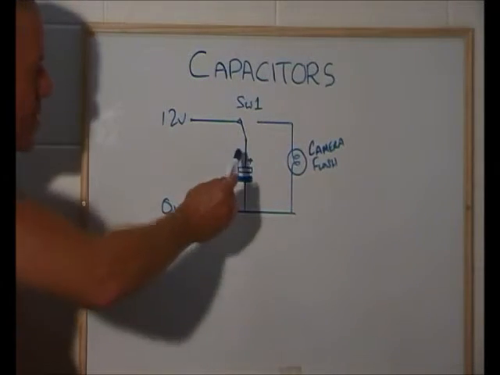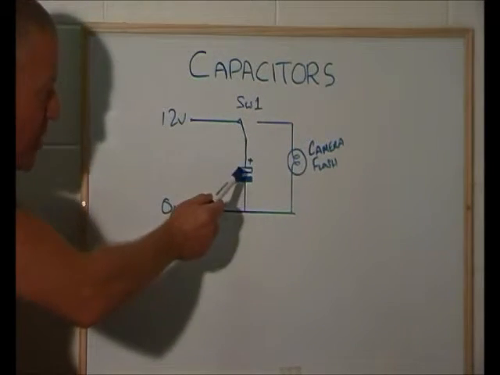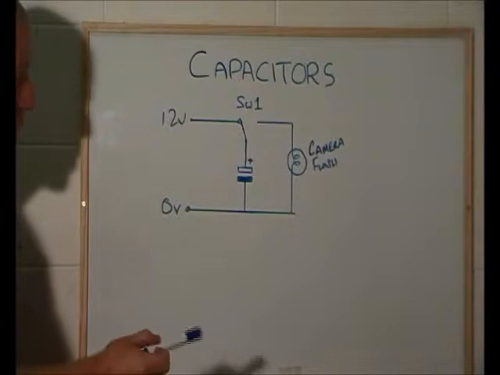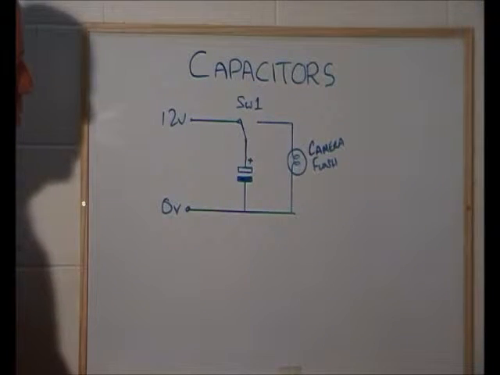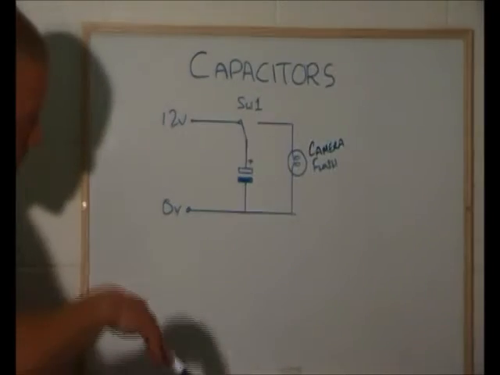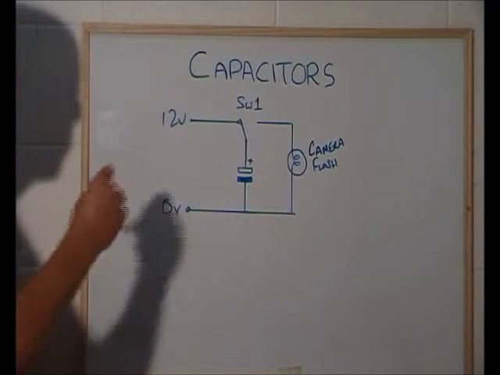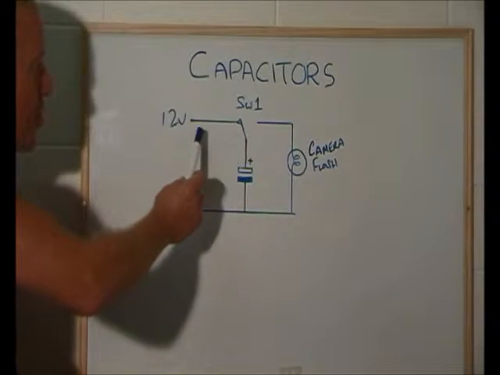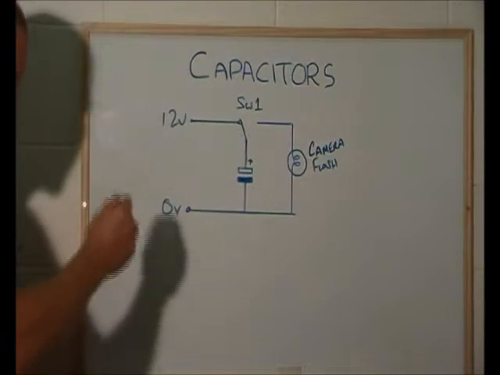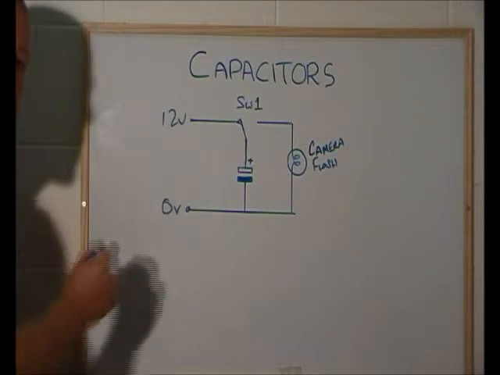Once the capacitor is charged up, as you saw on the curve before, the current flow slows down and then stops. It's only an alternating current that will basically allow the cap to charge. So it's a spike in current. It races up to 12 volts, but then once it hits 12 volts, it stops. It blocks DC at that point.